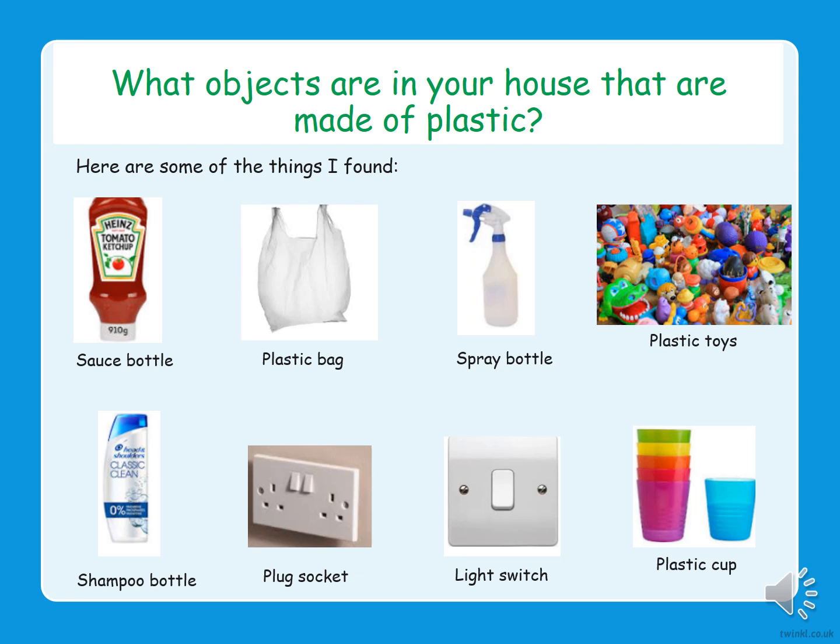I can squeeze and mold the plastic bag, but I cannot squeeze and twist and mold the plastic spray bottle. The same with the sauce bottle. When the sauce bottle is empty, I will be able to squeeze and mold that as well. However, I will not be able to squeeze and mold the plug sockets because that is made out of a very hard type of plastic.